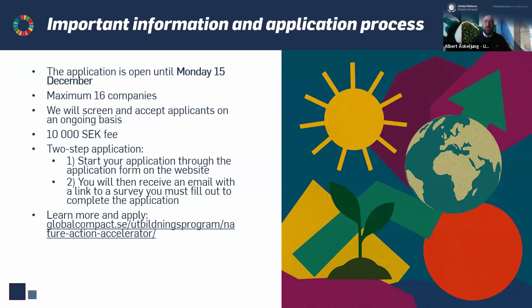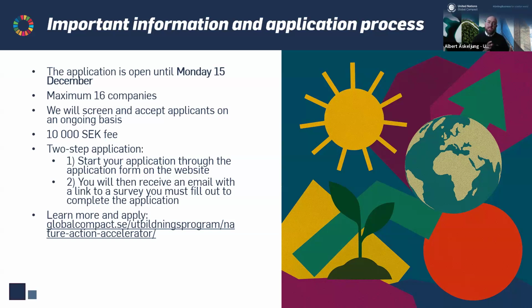But again, it's not first come, first serve, but we will screen and accept applicants as we go. So if we hit that maximum of 16 companies before 15th of December, we'll close it down a little bit before, just FYI. And we will let you know if you've been accepted or not, no later than before the Christmas holiday, so that same week of the 15th of December.